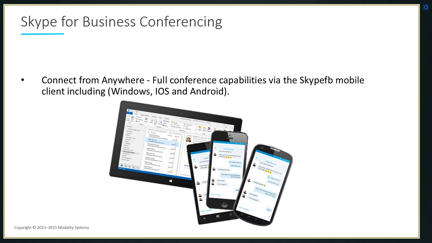Equally, you can use the smartphone application from whichever marketplace you've downloaded from to actually see the conference, join the conference via the 3G, 4G connection, and also if in that conference someone is presenting a PowerPoint, you can certainly see that within the smart device as well. So pretty feature rich.